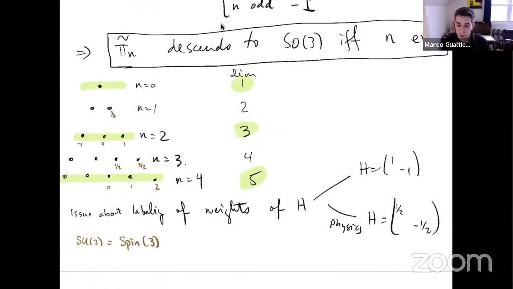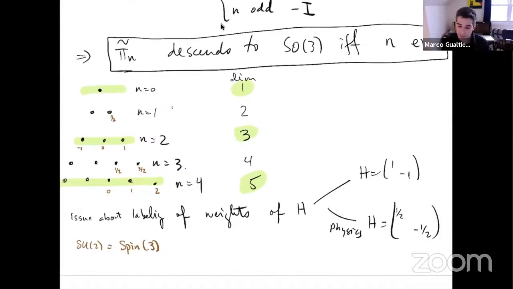So the way that they would call this representation is the spin 1/2 representation. They just give it that name because 1/2 is the highest weight. And this would be spin 1, spin 0. That's just how they label the highest weight. It's literally just a labeling issue.